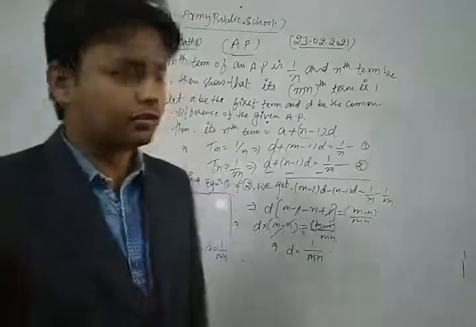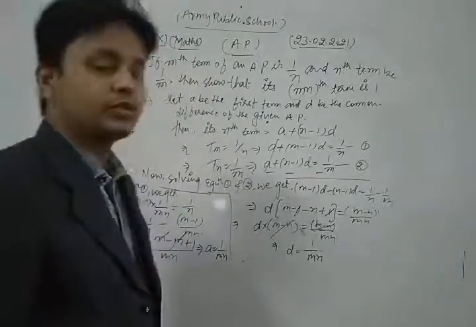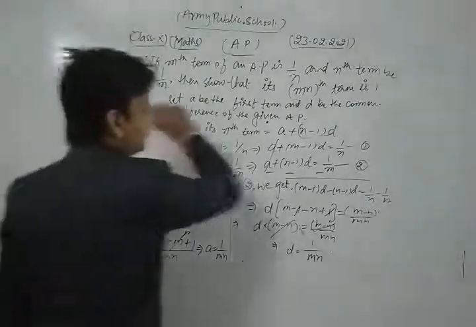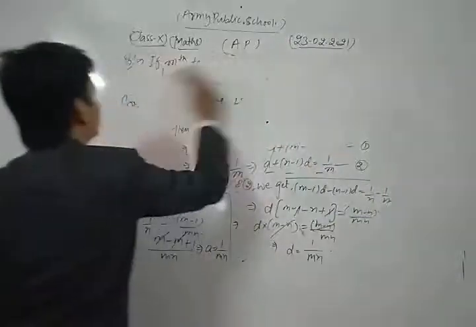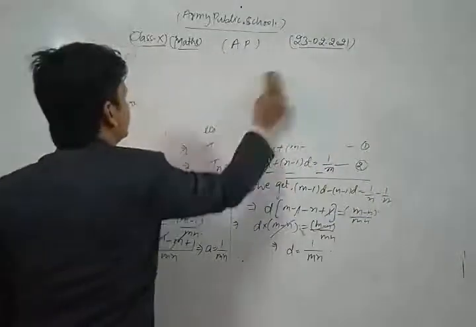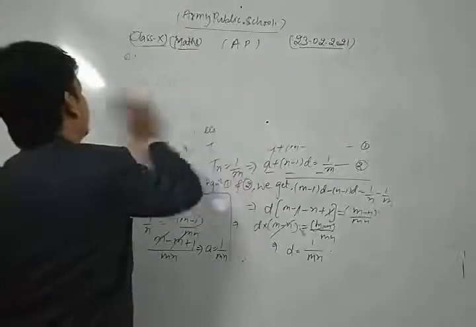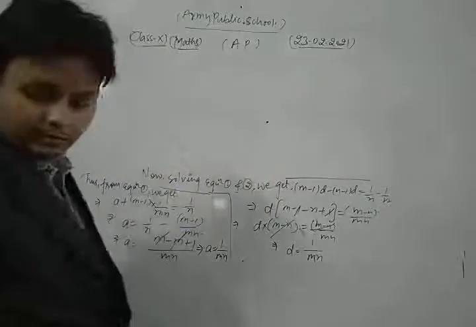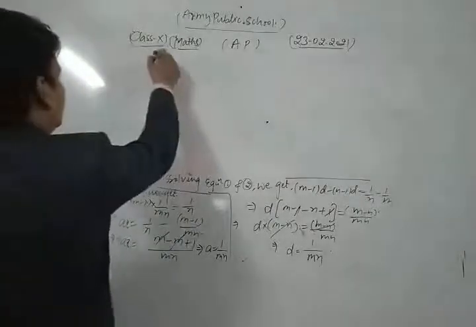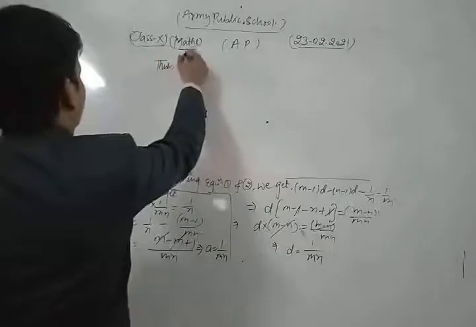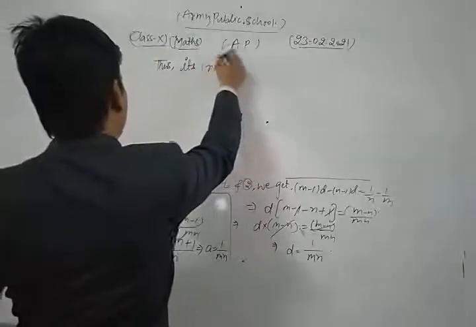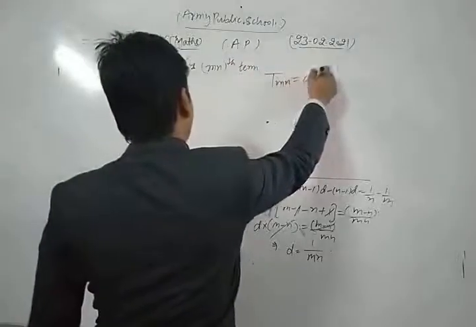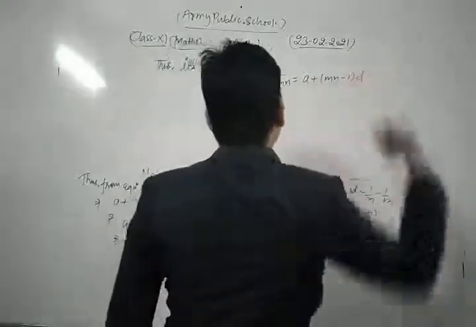Now we have to show that its mnth term is 1, so now we find the mnth term. Okay, let's see. Its mnth term is Tmn is equal to a plus (mn minus 1) into d.